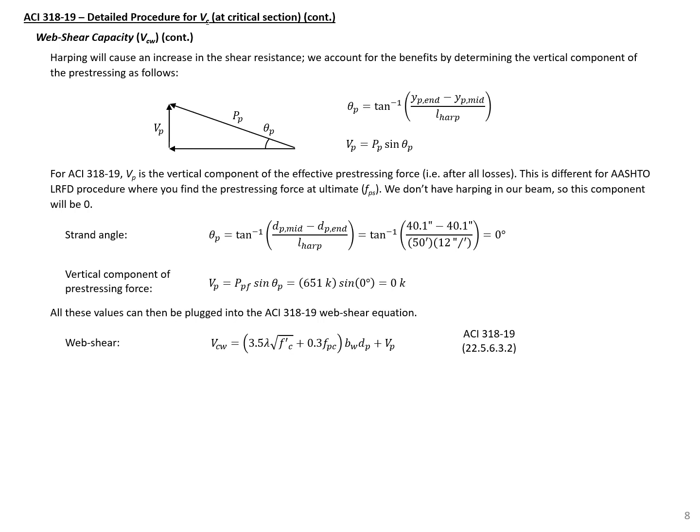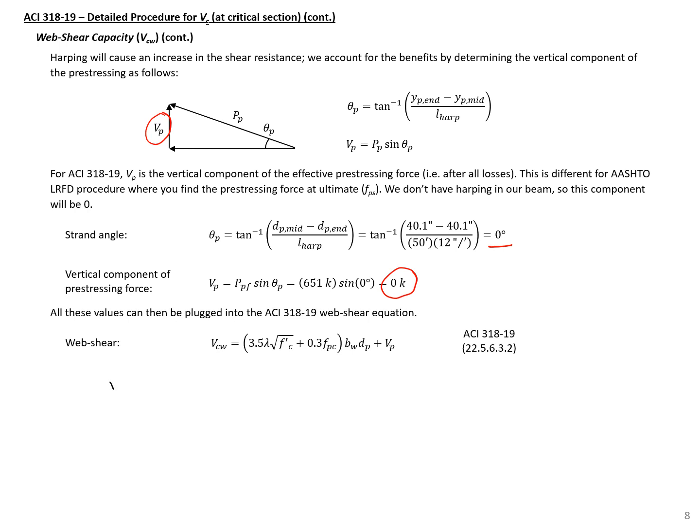If we had harped or draped strands, we would need to include the vertical component of our pre-stressing in this equation. So we would need to calculate our V sub P. Because we don't have harped or draped strands here, we have straight strands, our strand angle is going to be equal to 0, so we're going to have no vertical component of our pre-stressing. So now we can plug in all of our known values into our web shear equation.